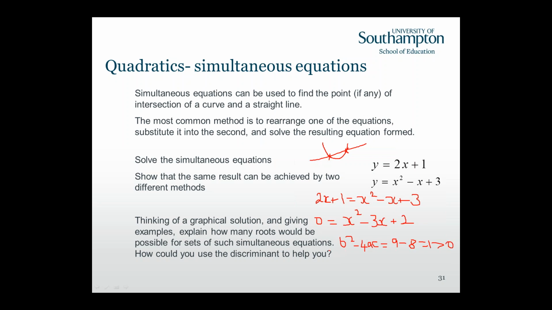When the discriminant was positive before, that meant that there were 2 roots. The difference here is that was an original quadratic, where the roots were where it cuts the x-axis.